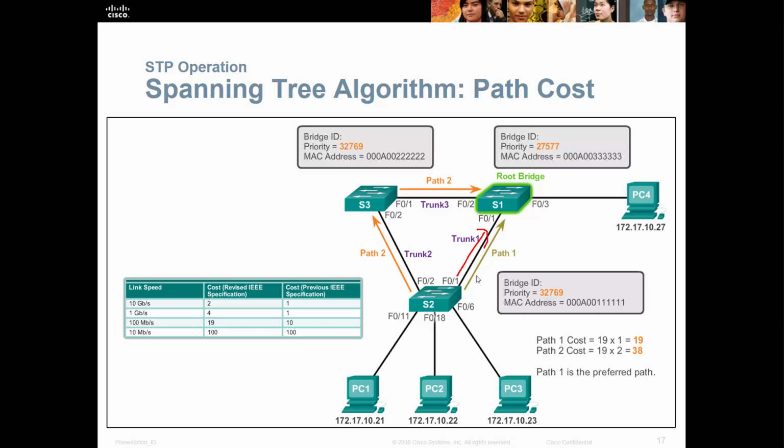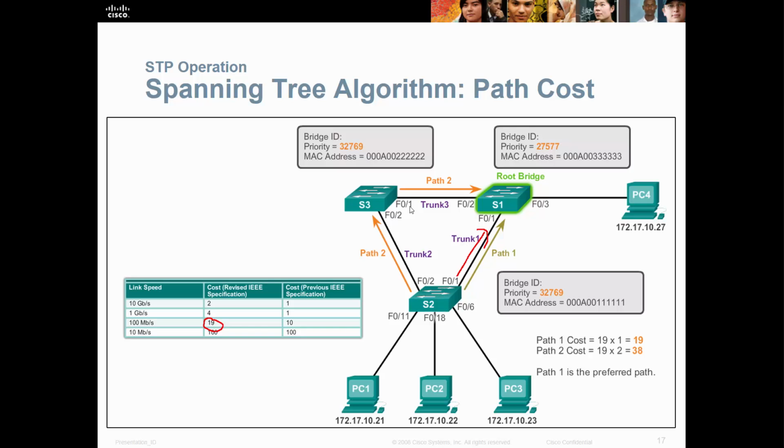That's going to probably be a 100 megabit connection, hence the 19 cost metric. One link at 19 totals 19.